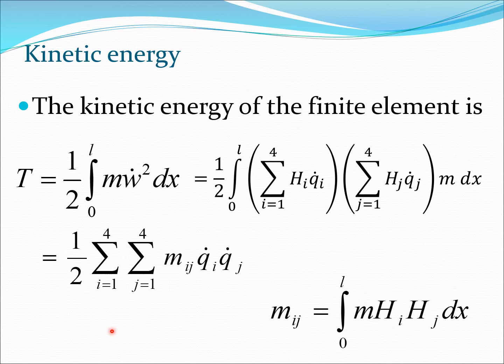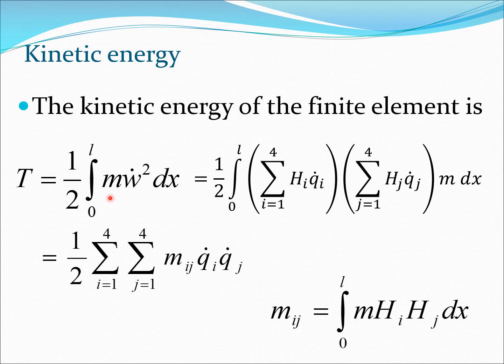Now we are going to do an energy type approach for solving this problem. So essentially, first I'm going to look at the kinetic energy of the element we are dealing with. Now, you of course know the kinetic energy is half into mass into velocity squared. So we take a small mass m dx and we say that the velocity of this mass is w dot.